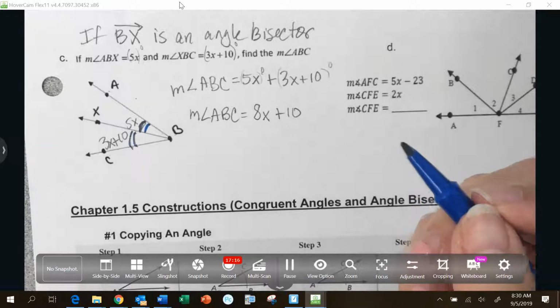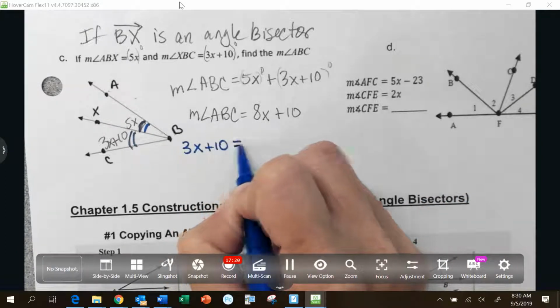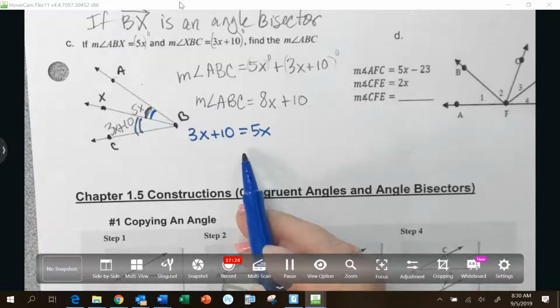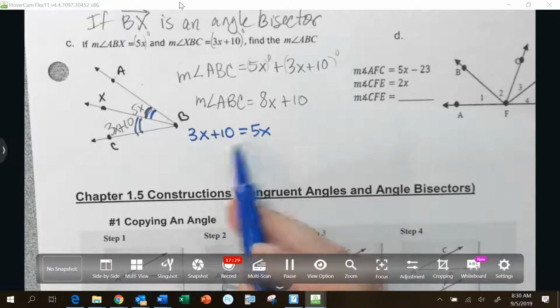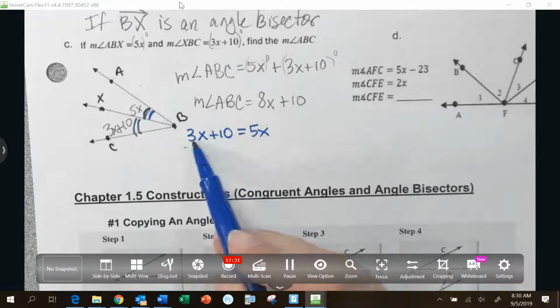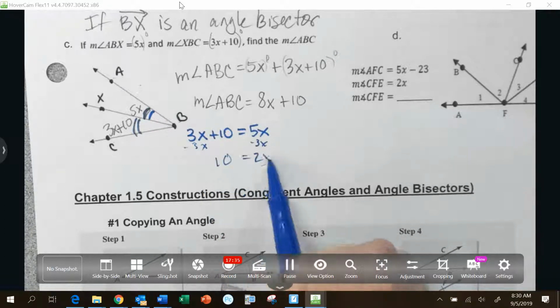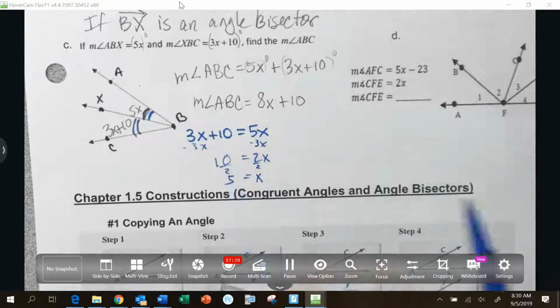John? Would you say 3x plus 10 equals 5x? Sure. When we've got x's on both sides of the equation, you remember you want to subtract one of them away. Which one should I take away? The 3x, yeah. So I've got 10 equals 2x, divide by 2, get x equals 5.